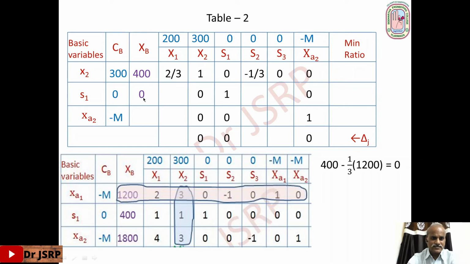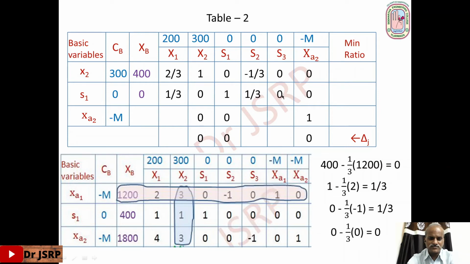For this row calculation, this minus 1 by 3 is fixed. Just replace this value and this value. Next for x1, replace 1, 2. 1 minus 1 by 3 into 2. 3 minus 2, 1 by 3. For s1, replace 0, minus 1. 0 minus 1 by 3 into minus 1. So minus minus plus 1 by 3. For xa2, replace 0, 0. 0 minus 1 by 3 into 0, 0.